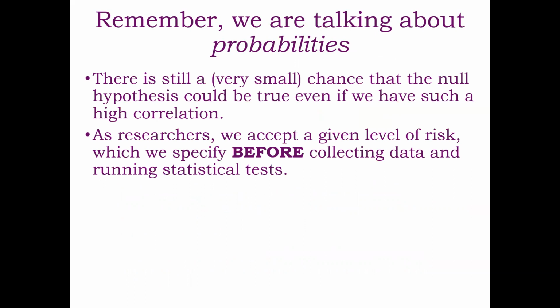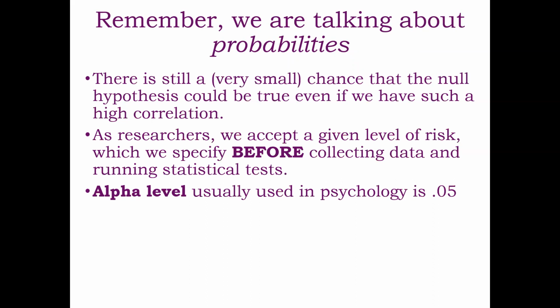So as researchers, we have to accept that there's a risk of falsely or incorrectly rejecting a true null hypothesis. And we specify the level of risk we're willing to accept before collecting data and running statistical tests. So the alpha level, which is that criterion, the risk we're willing to accept, is usually 0.05.